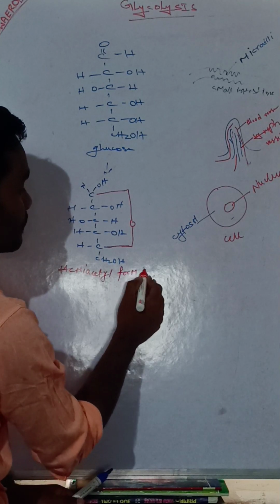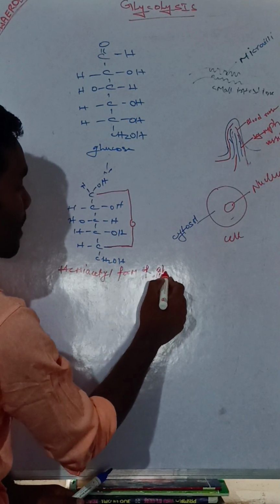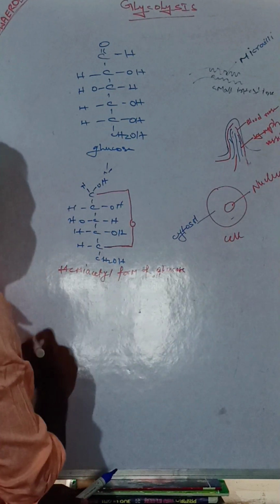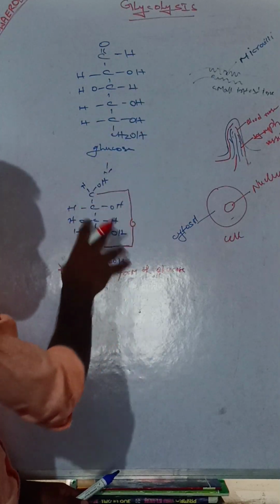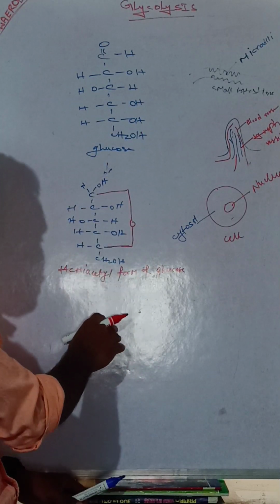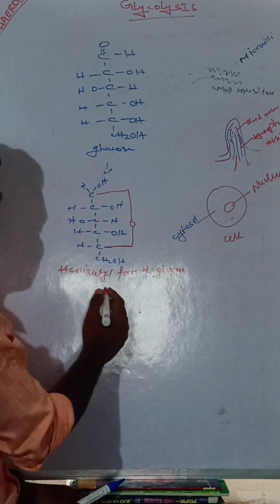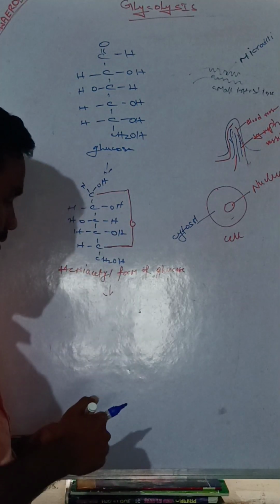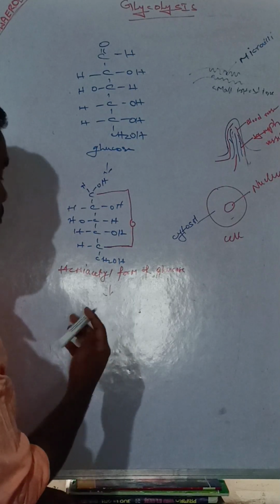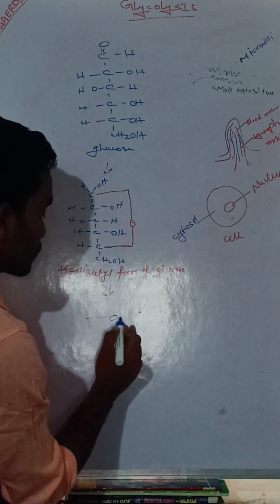This is the linear structure. We are gradually converting it into the cyclic structure. Next one is the hemiacetal form. Then from the hemiacetal form, let's see the cyclic structure of the glucose.